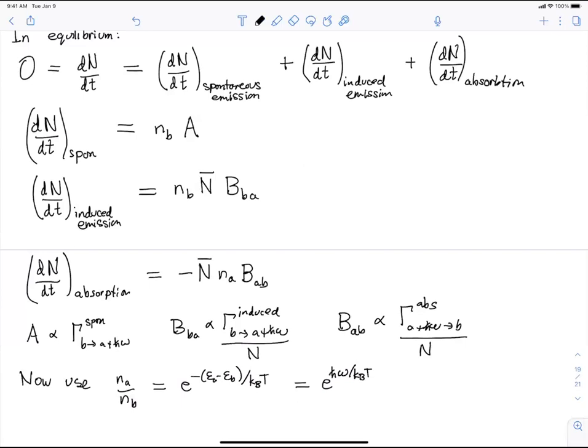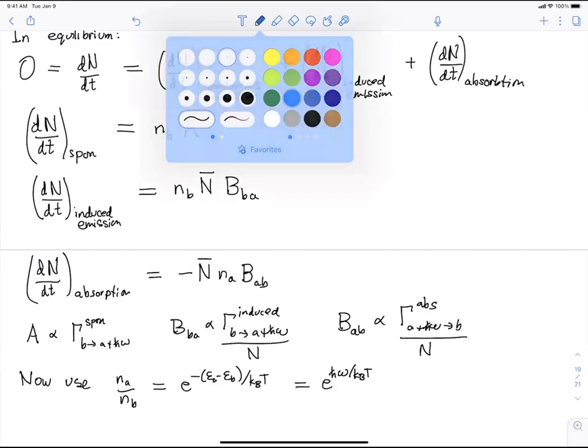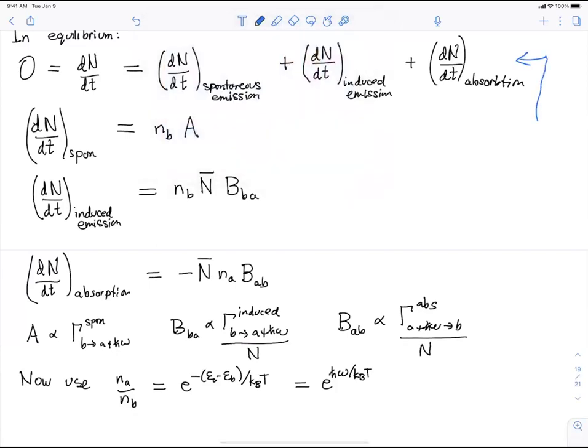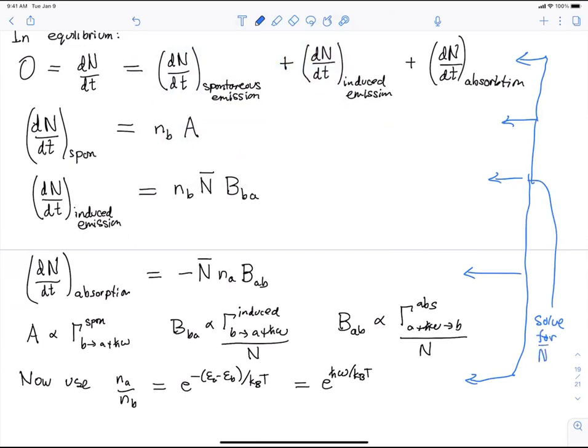Okay, and now we finally have enough to solve for the average number of photons. And so specifically what we're going to do is we're going to take this equation and this equation and this equation and this equation and that equation, and we're going to solve for n bar. It turns out, if you stare at it long enough, you'll realize that's enough equations, because here this is equal to 0.